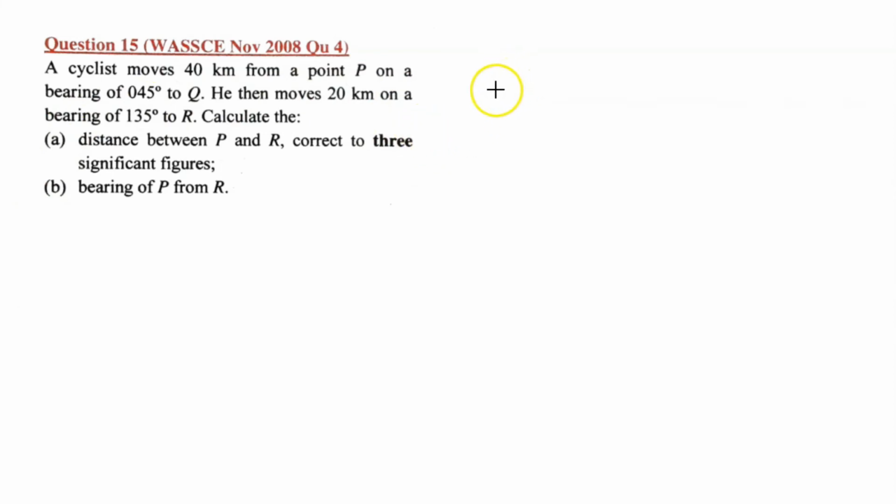So making a sketch, a cyclist moves 40 kilometers from a point P on a bearing of 045 degrees. We first have to locate the point P, so drawing my cardinal points and stating it as point P. Now, the cyclist moved from this point P on a bearing of 045 degrees, which is actually northeast, so it lies perfectly here.